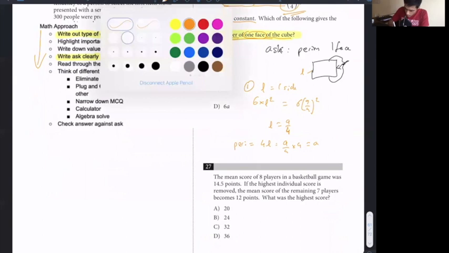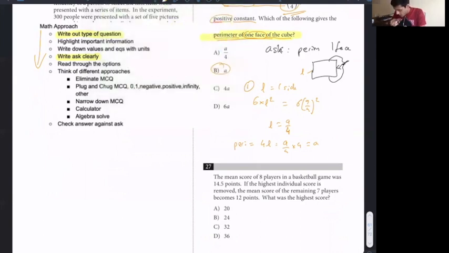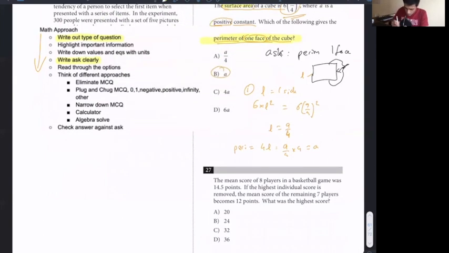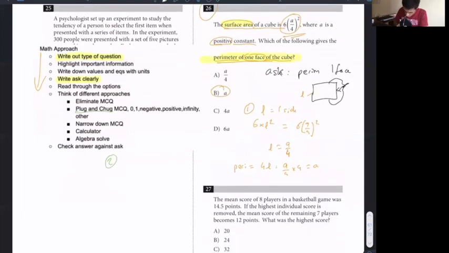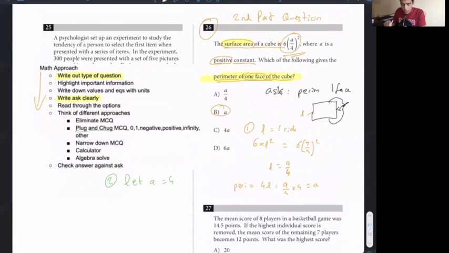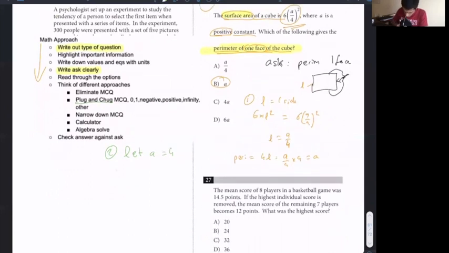The other way you can do this is using plug and chug. This gets a little tricky. So let A equal 4, just to make life a little easier. So we have surface area equal to 6 times 4 over 4 squared, which is equal to 6.